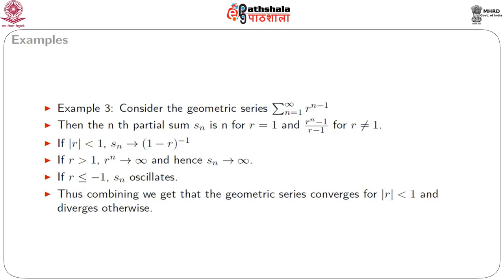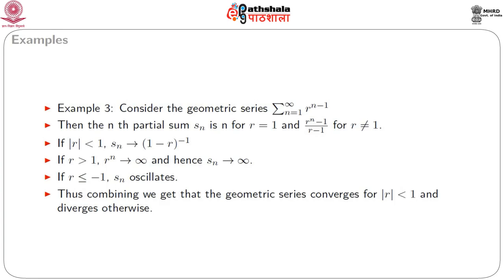If modulus r is less than 1, then it is known from the results on sequences that r^n tends to 0 as n tends to infinity. Therefore, for modulus of r less than 1, Sn tends to 1/(1 - r). However, if r is greater than 1, r^n diverges to plus infinity, and hence Sn diverges to plus infinity.